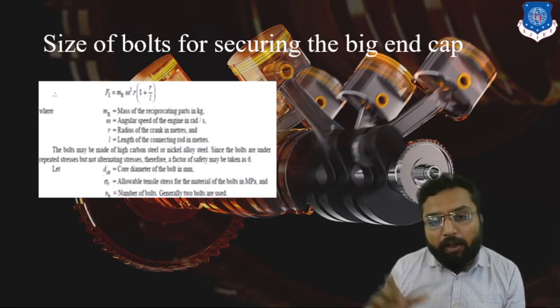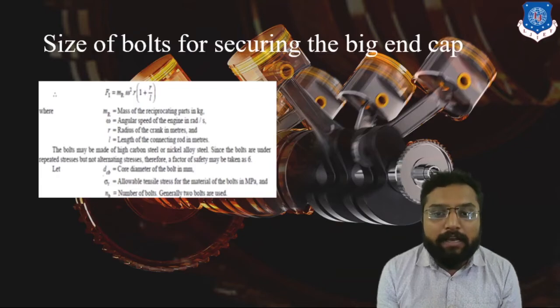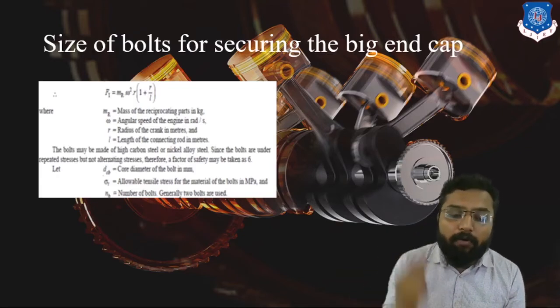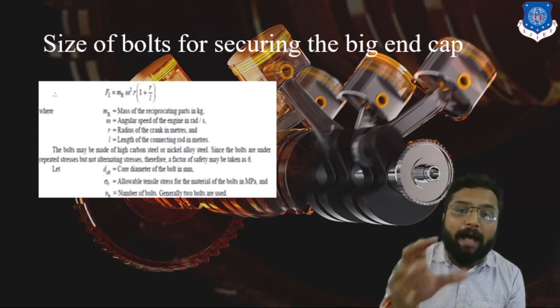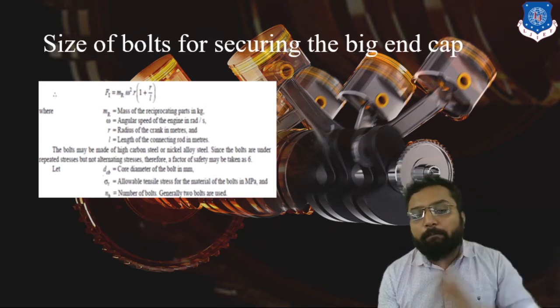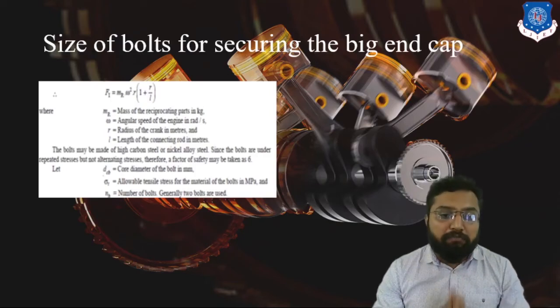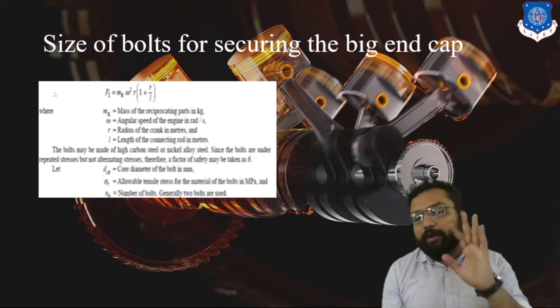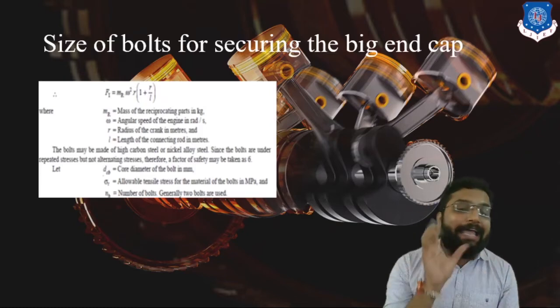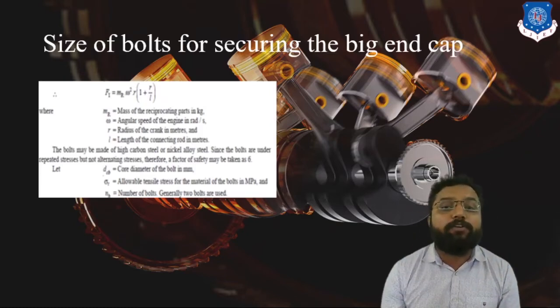L is the length of our connecting rod. Omega is the angular velocity, and mr is the mass of your reciprocating component in kg. So first of all, you find this force generated due to reciprocating mass, which acts directly on your bolts, which try to shear it out.